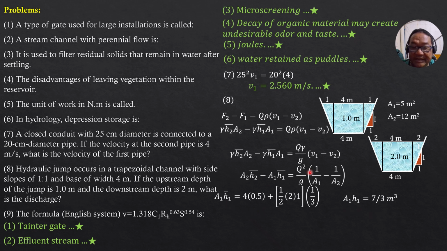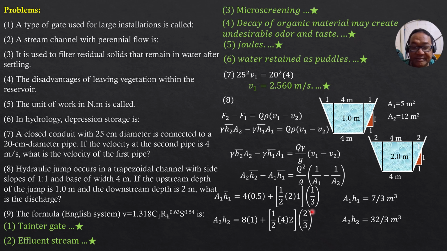Area 2 h-bar 2 is 8 times 1 plus 1 half of 4 times 2 times 2/3. It consists of two parts again, rectangular and triangular, and this is equal to 32 over 3.